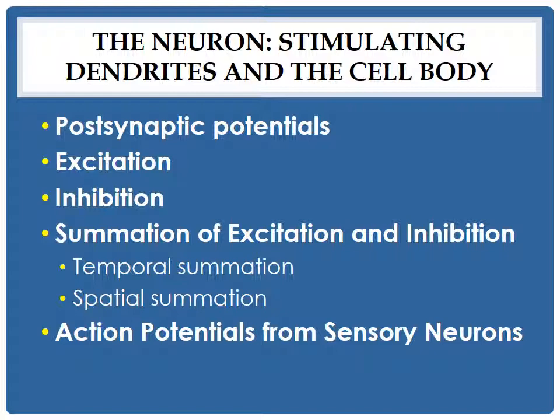You can have excitation, where voltage-gated sodium channels open and sodium ions rush into the cell, depolarizing the cell. And then if the axon depolarizes past the threshold, you get an action potential down the axon from that.